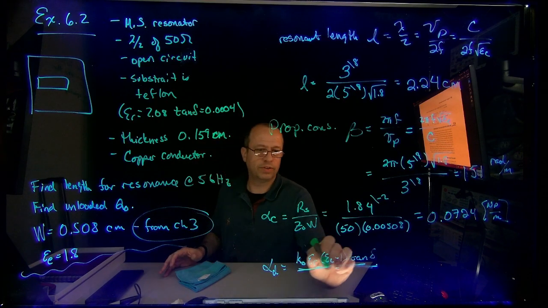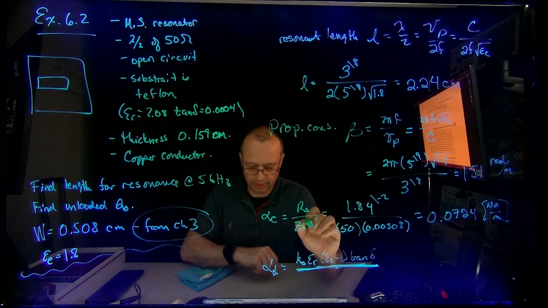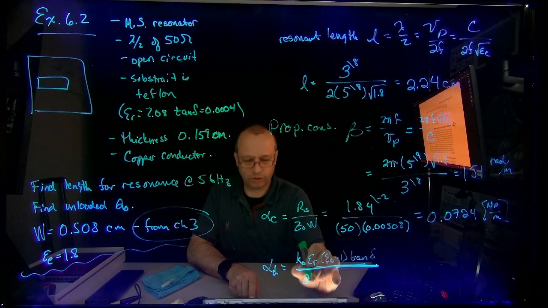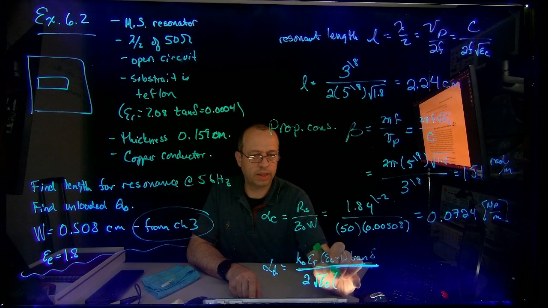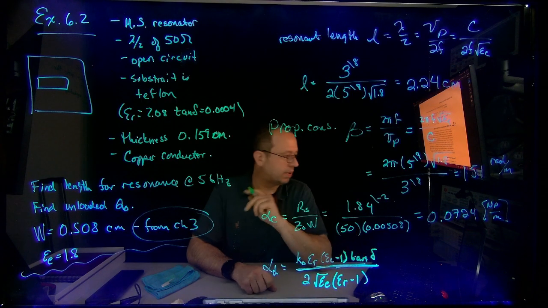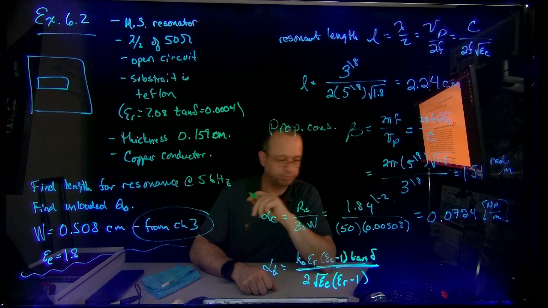There it goes. Much better. Okay, times 2 square root epsilon E, and then epsilon R minus 1. There we go. That looks a little better.